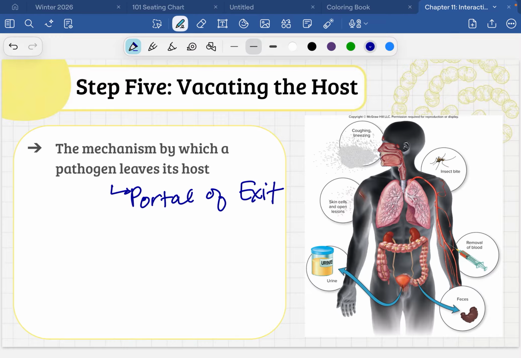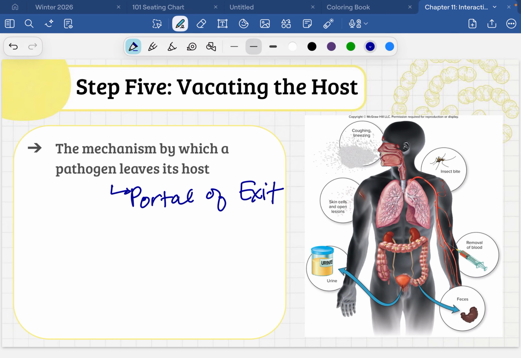Now, step 5, the last step, is in order to propagate itself as a species, this organism has to be able to get to a new host. It has to vacate its current host and spread its way to the next one. An organism is not considered a successful pathogen. Again, remember, try to think about this from the perspective of a pathogen, a microbe.